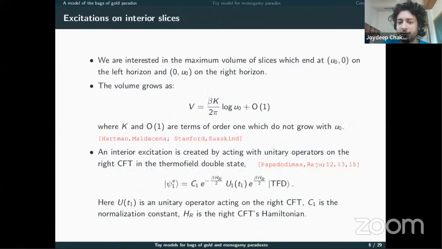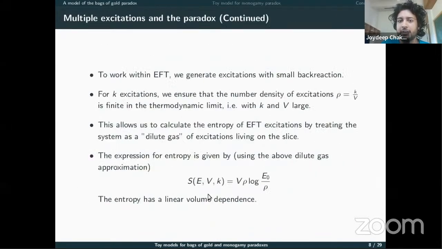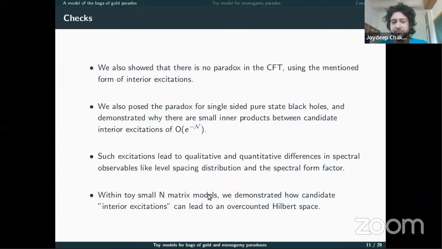We also posed the paradox for single-sided pure state black holes and demonstrated why there are small inner products between candidate interior excitations of order e to the minus N. Such excitations lead to qualitative and quantitative differences in spectral observables like the level spacing distribution and the spectral form factor as well. And within small n matrix models, we demonstrated how candidate interior excitations can again lead to an overcounted Hilbert space.